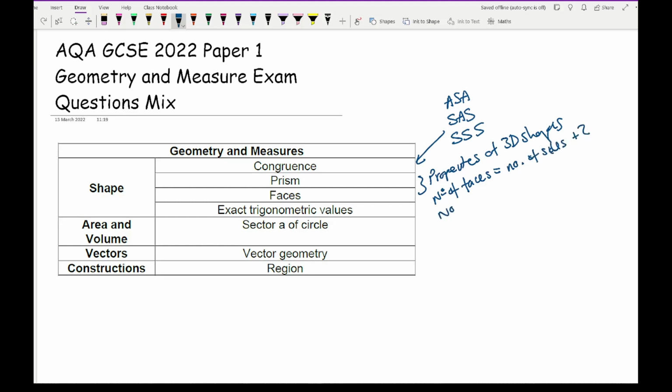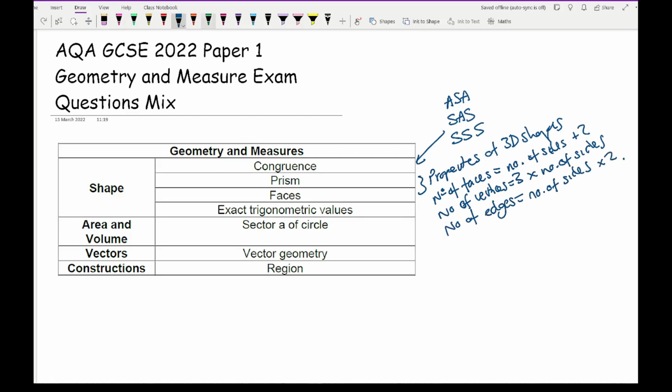The number of vertices is 3 times the number of sides, and the number of edges, which is the lines, is going to be the number of sides times 2. So it's just a case of remembering those.